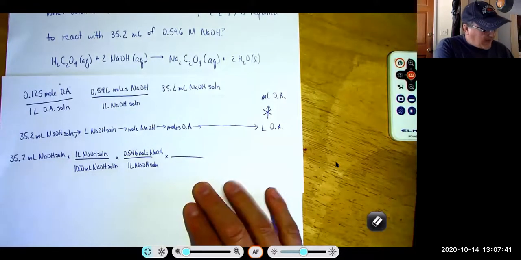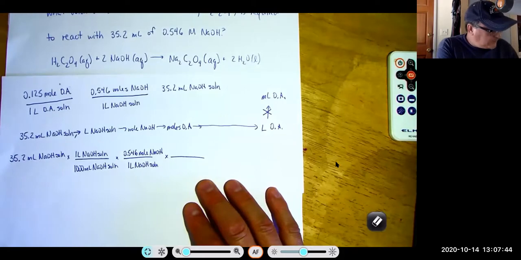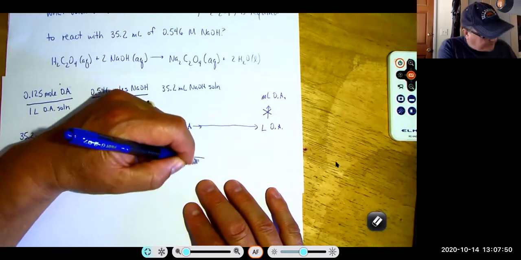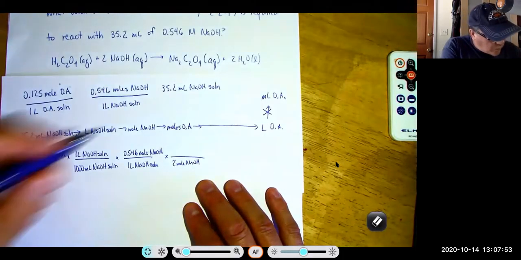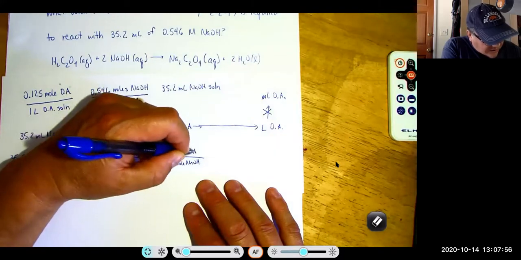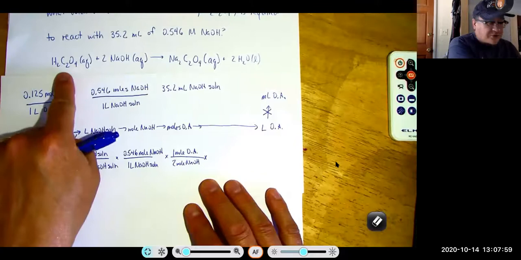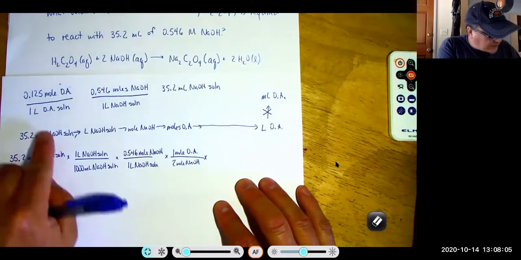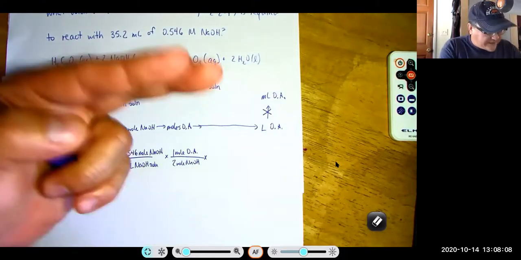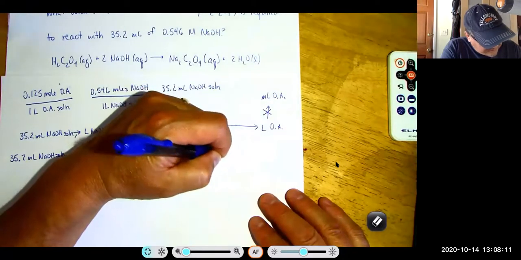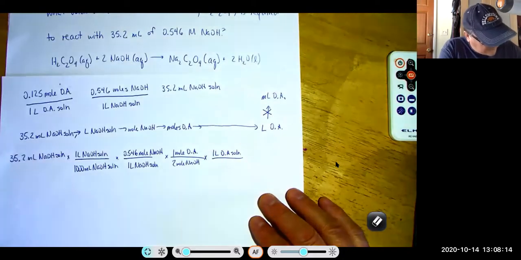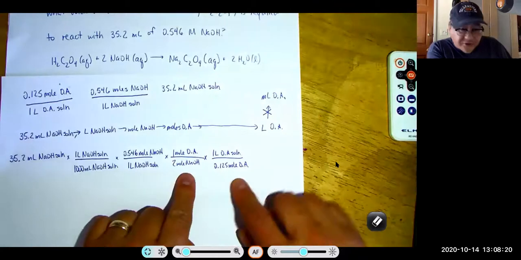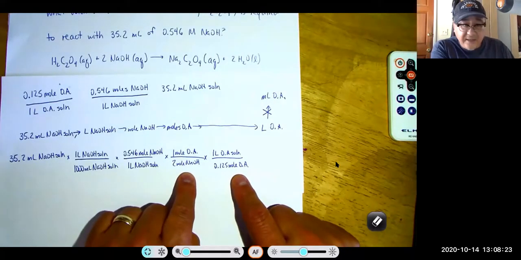And then we're going to multiply by 2 moles of sodium hydroxide on the bottom and 1 mole of oxalic acid on top from the balanced reaction, 2 to 1. And then we're going to multiply by this concentration, but I have to flip it upside down. And the reason I flip it upside down is so that the moles of oxalic acid cancel.